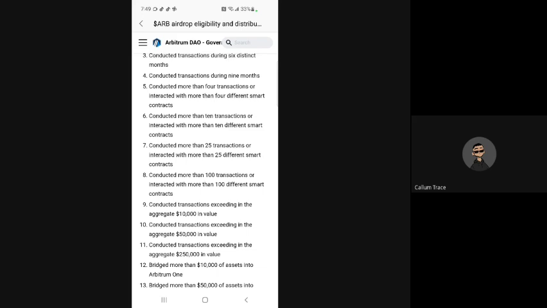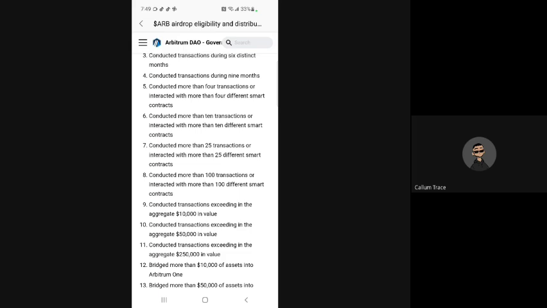So now a smart contract in this regard means how many of these different projects did you interact with? You interacted with the Arbitrum chain, right?